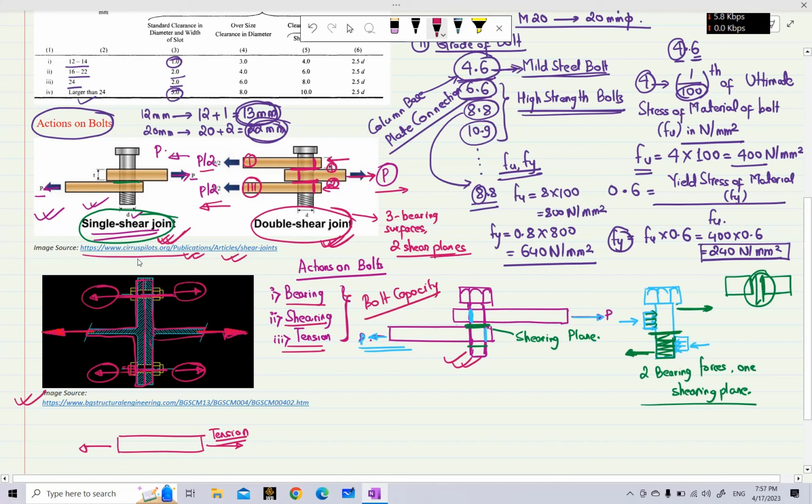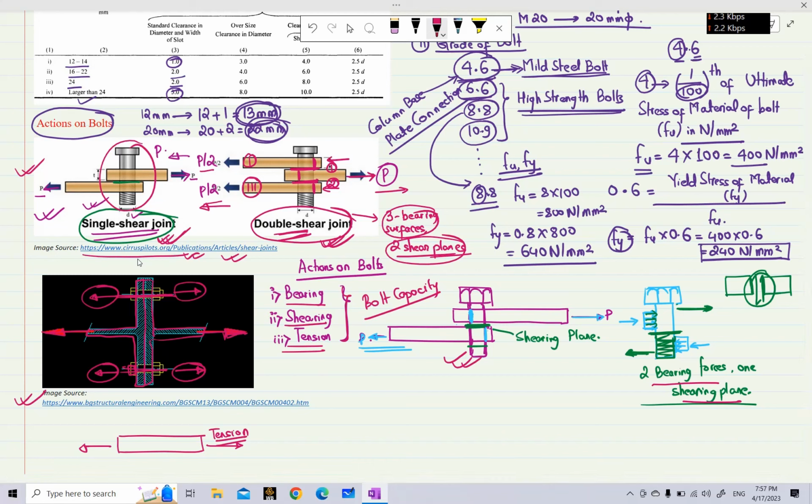Just notice one thing here. In this first diagram that we discussed, there are 2 diagrams, and in each you saw that there were both bearing surfaces and shearing planes, and also in this second figure there were both bearing surfaces and shearing planes. So we have to say that these 2 actions, bearing and shearing, always occur in pair.